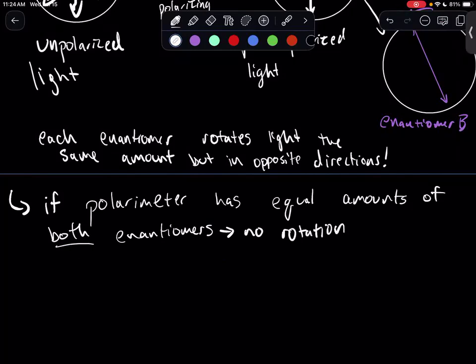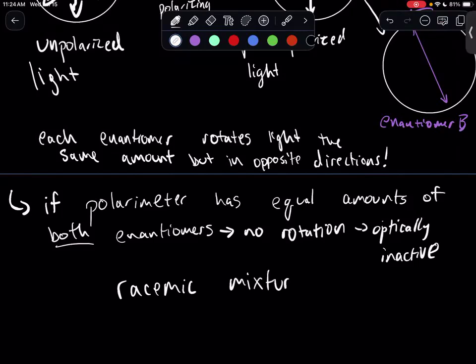And the solution becomes optically inactive. So our enantiomers can appear optically inactive if we have the same concentrations. We call this solution a racemic mixture. So a racemic mixture just contains equal amounts of both enantiomers.